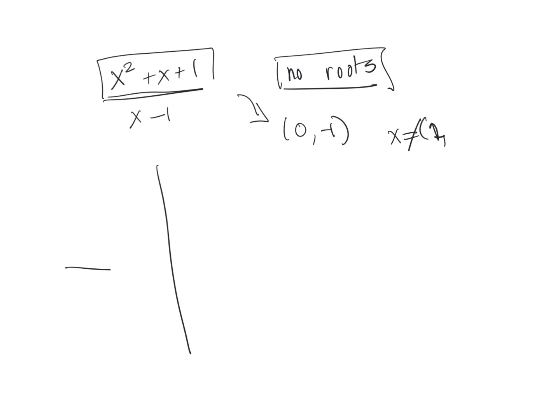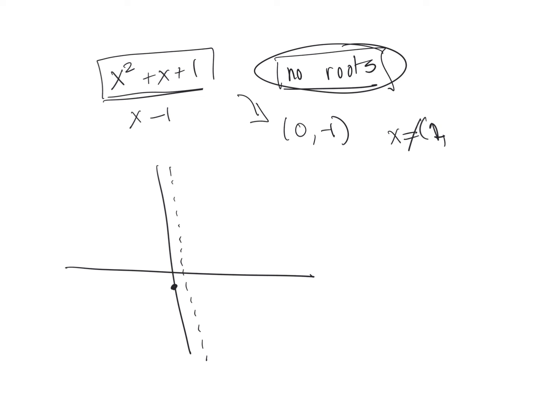So just taking a quick look at that, I end up with a vertical asymptote at 1 and a point down here. Now I can plug in some other points to see how this is going to look, but I'm never going to touch the x-axis because there are no roots, so there are no x-intercepts.